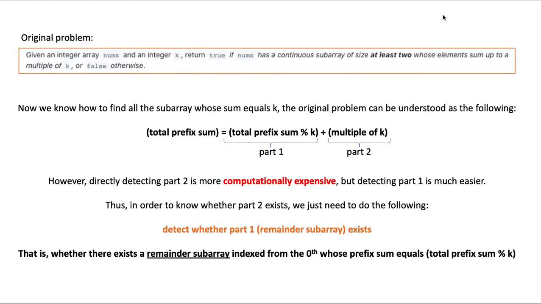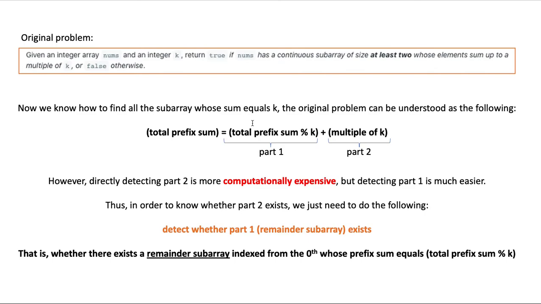With the knowledge of how to find all the subarrays whose sum equals k, now we can understand the original problem as follows. If we break down the total prefix sum into two parts, we can have two subarrays.